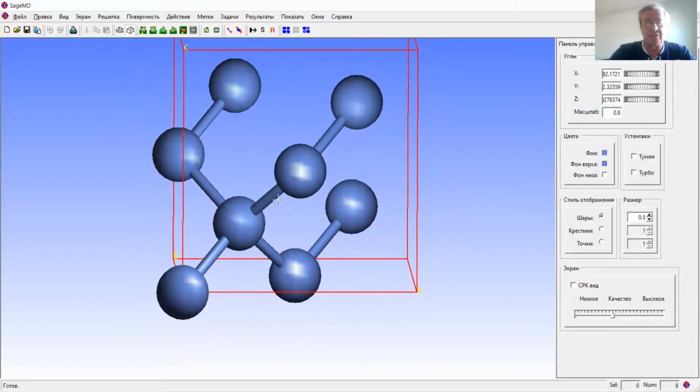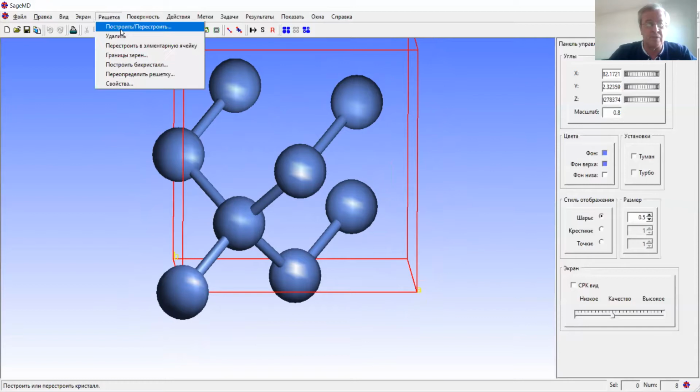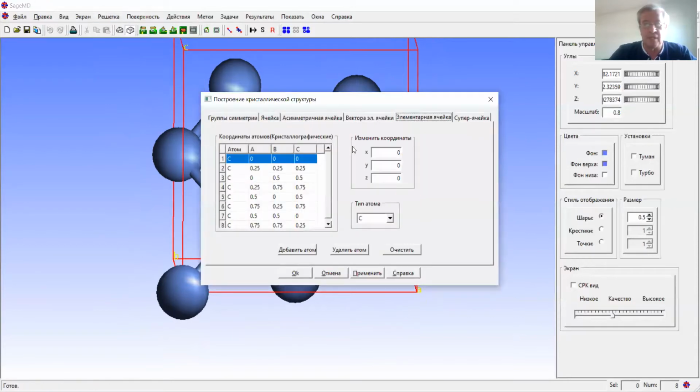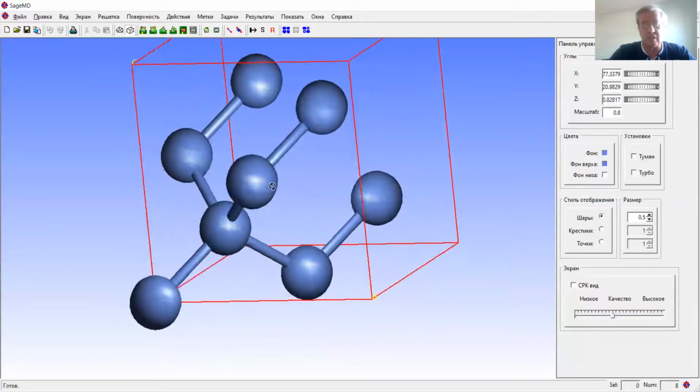But they are also in special positions, which you can see if you go to the unit cell. You see that one of them is in the center, but the others are on a quarter, and that's what actually reflects the cubic symmetry.